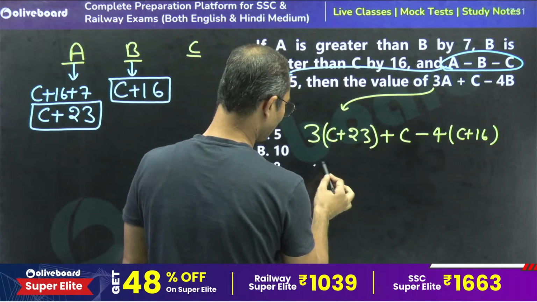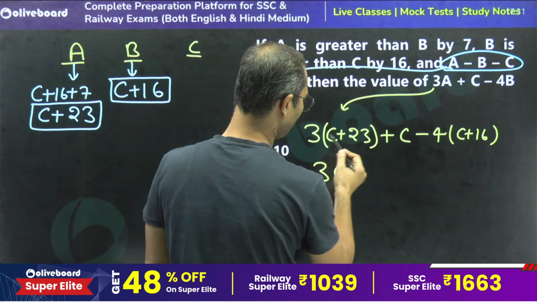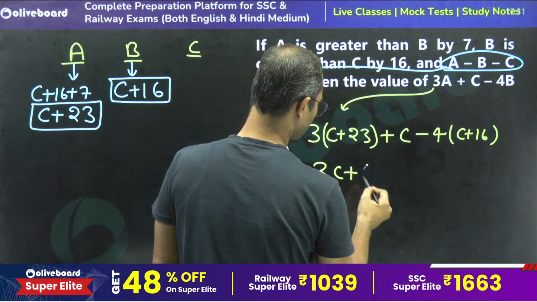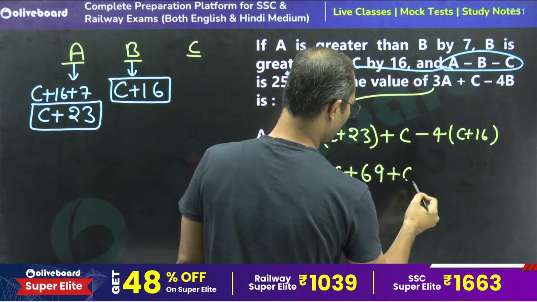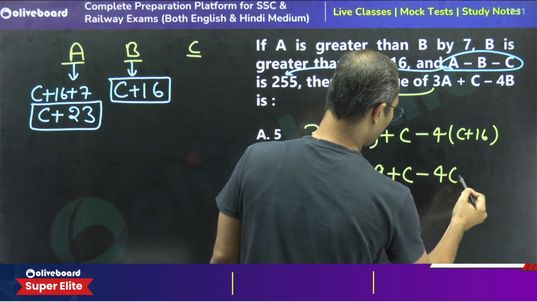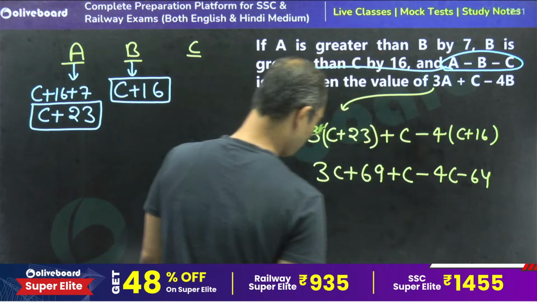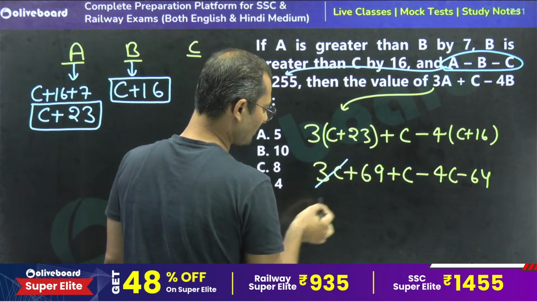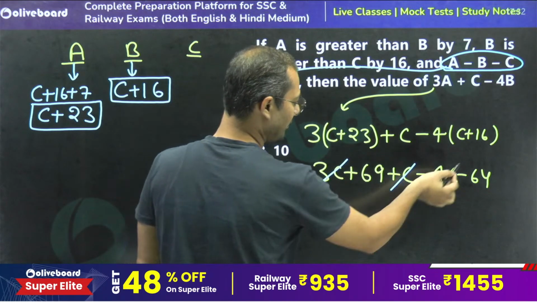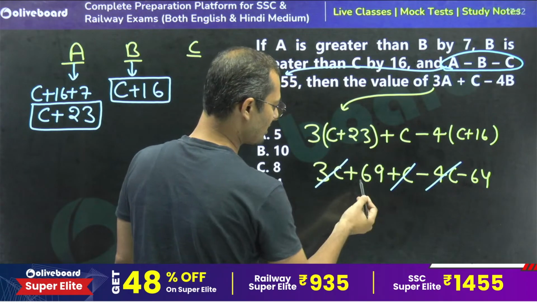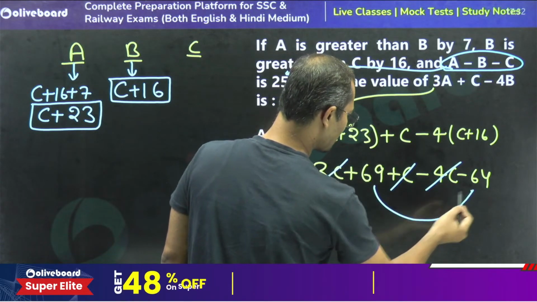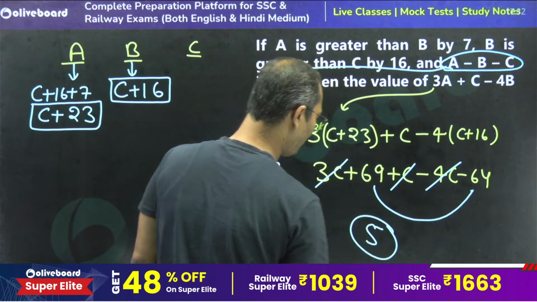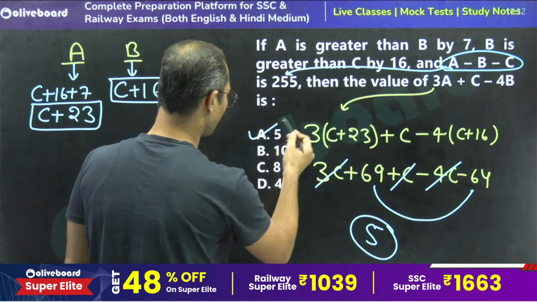So we get 3C plus 3 into 23, which is 69, plus C, minus 4C minus 64. See, here you can see how easy it is. 3C plus C is 4C, minus 4C cancels out. So 69 minus 64, we will get 5. So 5 is the right answer.